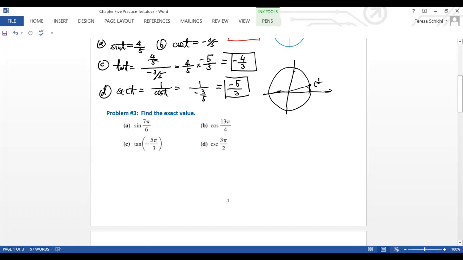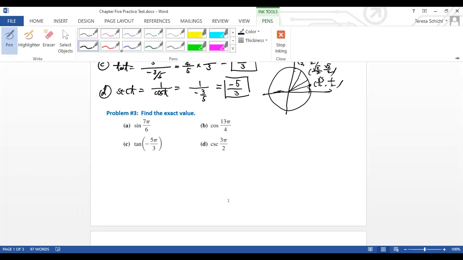This is square root of 3 over 2 and 1/2. Then this one here is square root of 2 over 2, square root of 2 over 2. And this one here is 1/2, and then square root of 3 over 2, right?